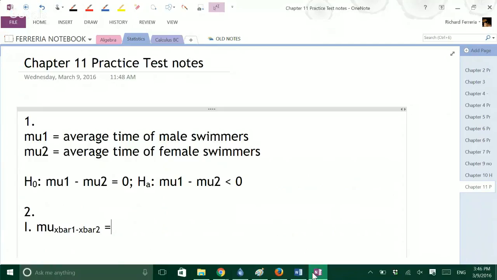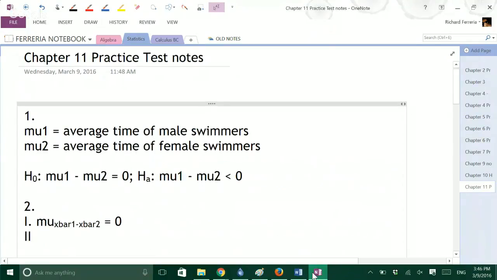And you usually get that from your null hypothesis. Null hypothesis tells us that that's 0. 2, the standard deviation, sigma, of x bar 1 minus x bar 2.